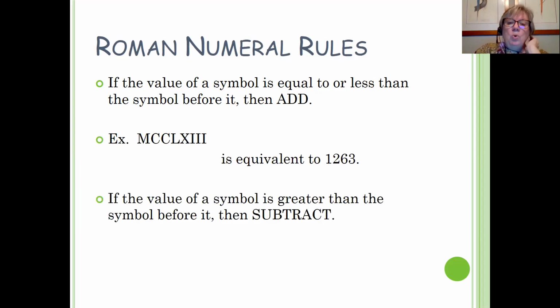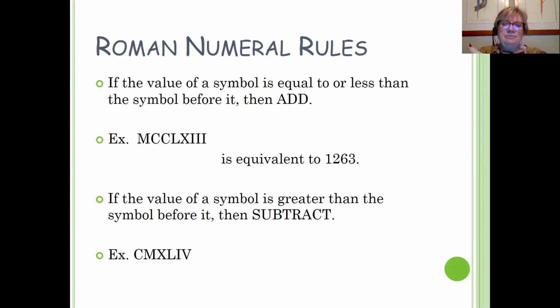Now, what if you've got a smaller one in front of a bigger one? Well, that's when you subtract. So if you've got an I and then an X, that means subtract the 1 from the 10. X then I means add it. 1 before X means subtract. So here I'm doing a lot of subtraction. CM, C is 100, M is 1,000.